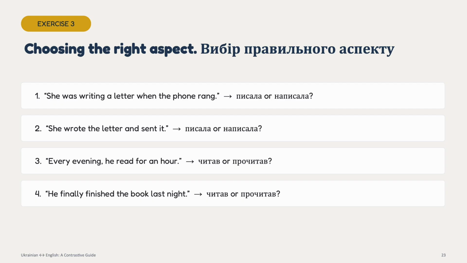Okay, and the last one: "He finally finished the book last night." And again, we have читав or прочитав, but in English, we don't have the word "read" here. We have "finished", but now we are associating it with this one. Does anyone want to try? Читав or прочитав?